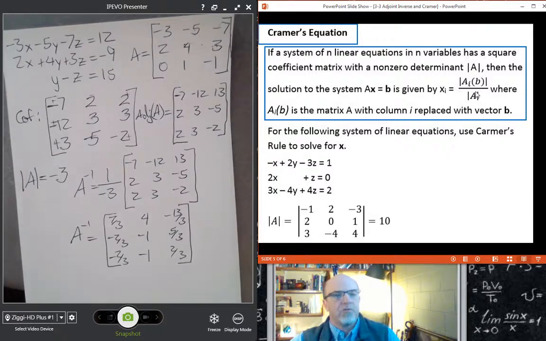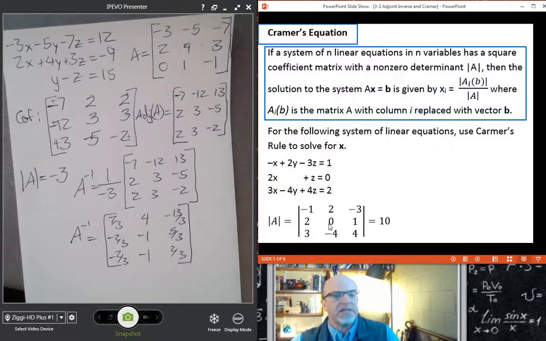Let's make sure that's all really clear. So we'll use this example on the PowerPoint, and then we'll go back and continue with this example on the paper. So you have three equations and three unknowns. Here are your three equations. X, Y, and Z are your three unknowns, and just looking at the coefficients, we have the matrix right here, negative 1, 2, negative 3, and 2, 0, 1, and 3, negative 4, 4, which matches up with these coefficients.